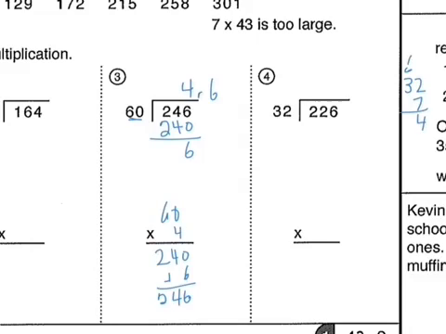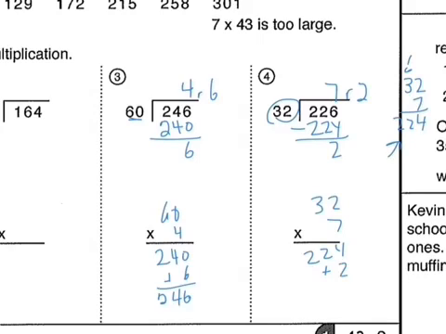Carry the 1. 3 times 7, 224. Boy, that's nice and close. And if you ever get a remainder that's the divisor or higher, you've done something wrong. That means it can go in again. So that goes in 7 times with a leftover of 2. 32 times 7 is 224, plus 2 is 226.